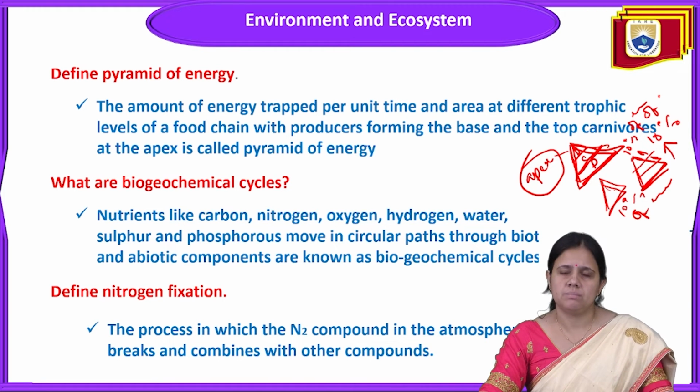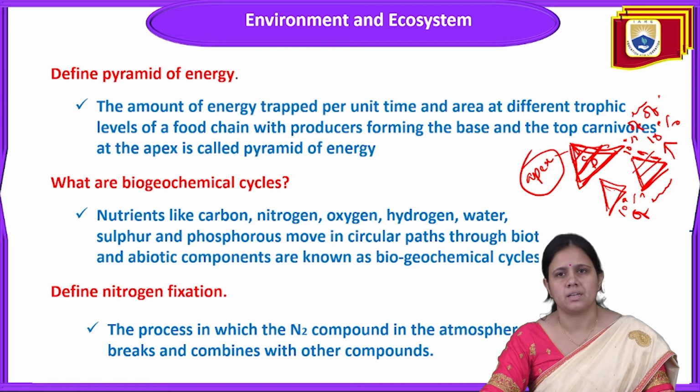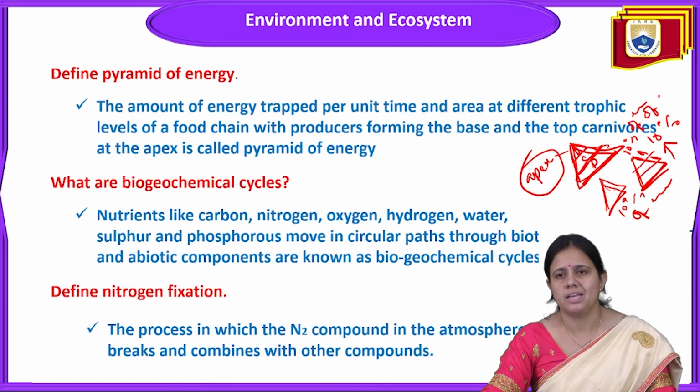And the next question is about what are biogeochemical cycles. Biogeochemical cycle means the cycling of nutrients like carbon, nitrogen, oxygen, hydrogen, water, sulfur and phosphorus that move in a circular path through biotic and abiotic components.